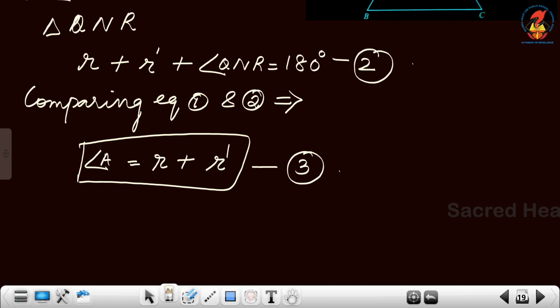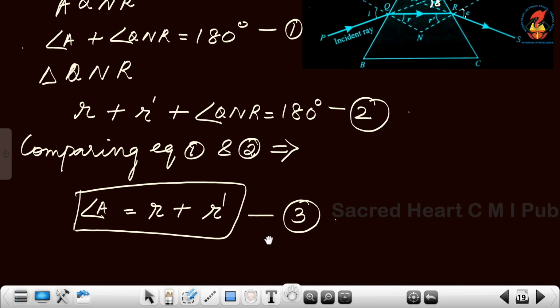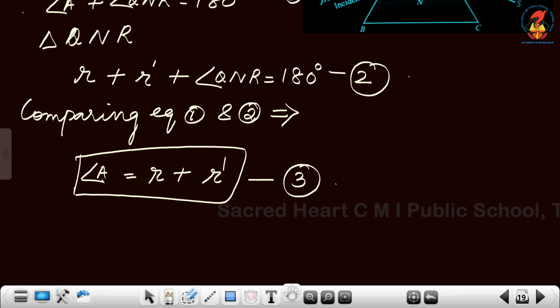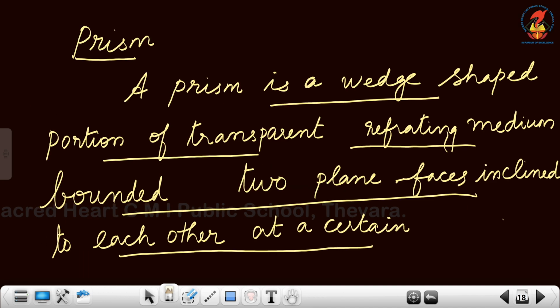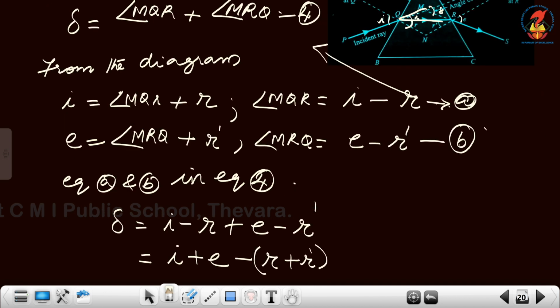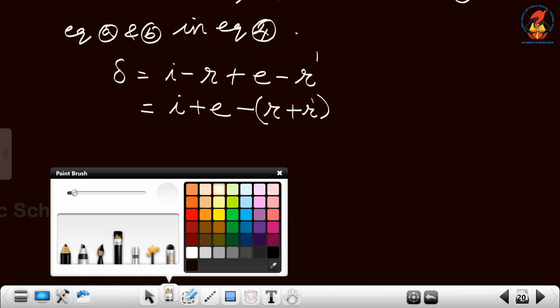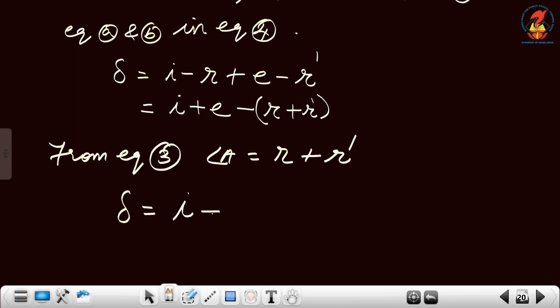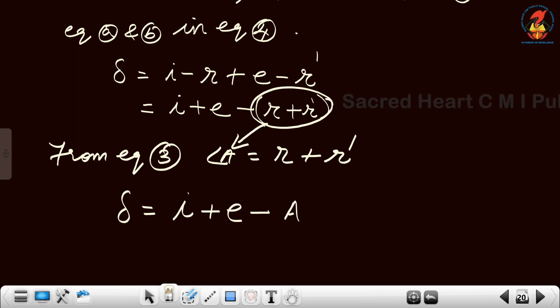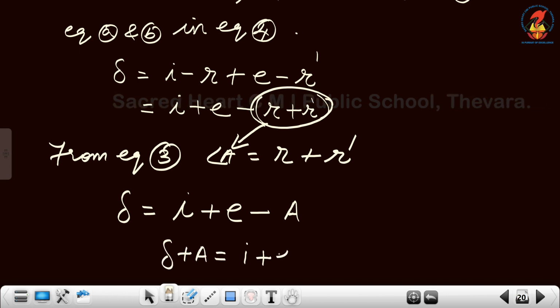But according to equation 3, what is r plus r dash? r plus r dash is the angle of the prism A. So from equation 3, that is angle A is equal to r plus r dash, we can write the above equation as delta is equal to i plus e minus, instead of r plus r dash, we can write angle A. Or on rearranging we can write delta plus A is equal to i plus e.